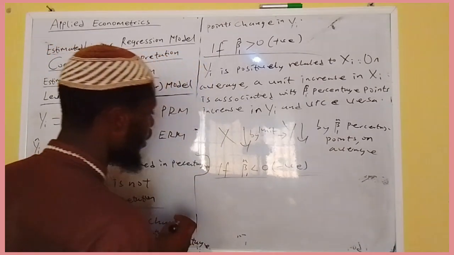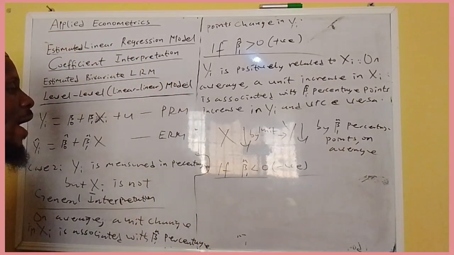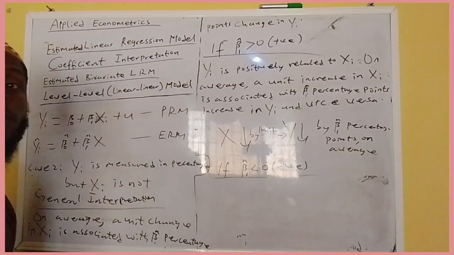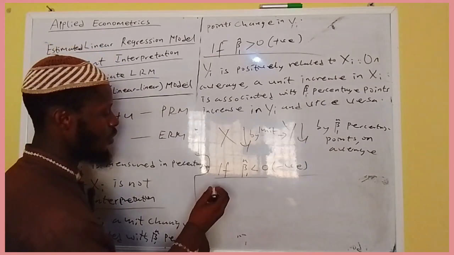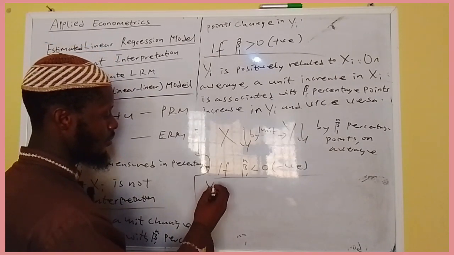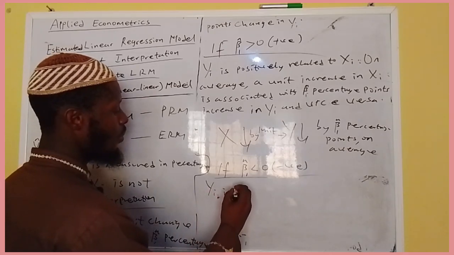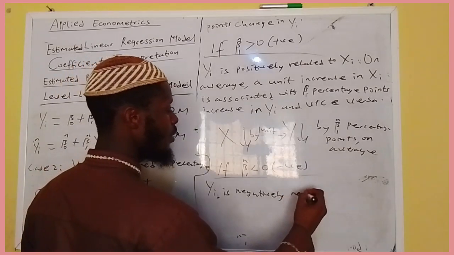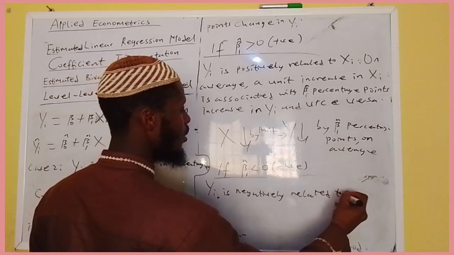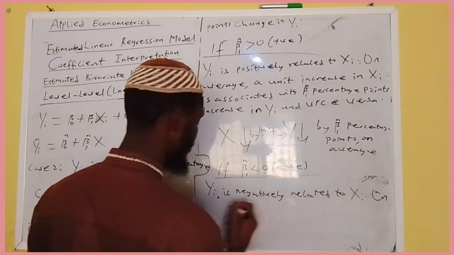Because it is negative, it means that the dependent variable y will move in the opposite direction of the change in x. Now look here, we have y negatively related to x.